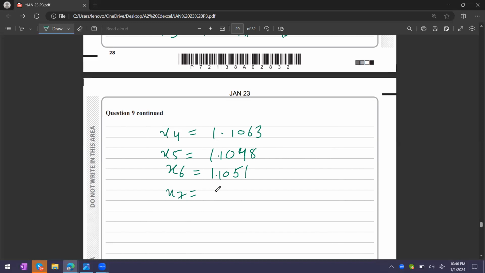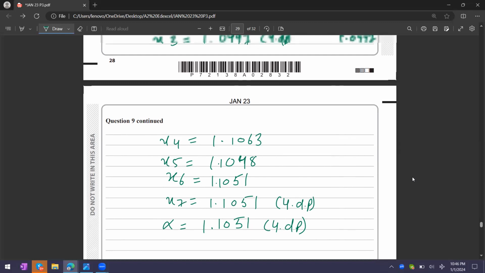Yeah, that repeated. We are getting the same for x6 and x7 up to 4 decimal places. Okay, so alpha is 1.1051 up to 4 decimal places. Okay, that's it for question 9.